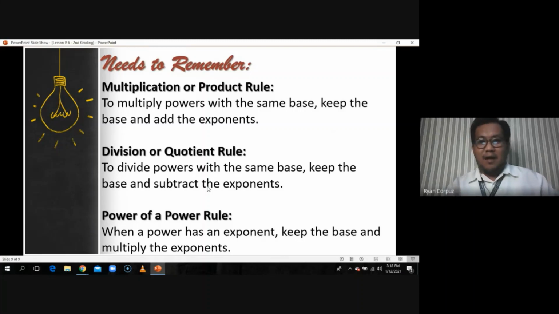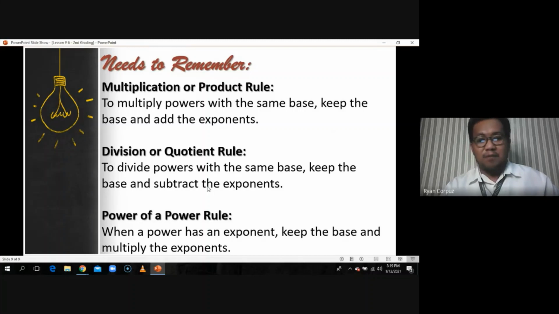So, di ba? Kapag naka-encounter ka ng expression ng exponent na na-raise pa ulit to another exponent, all you have to do is simply copy that same base, then multiply the exponent. But when your base is a constant, you still need to simplify it by expanding it, by using the base kung ilan yung number of its exponent.